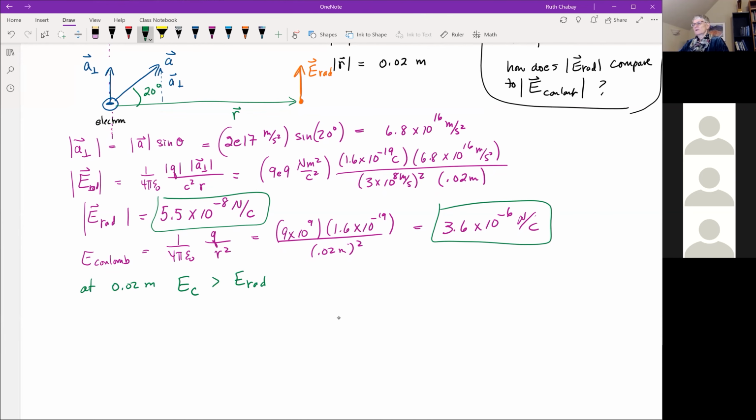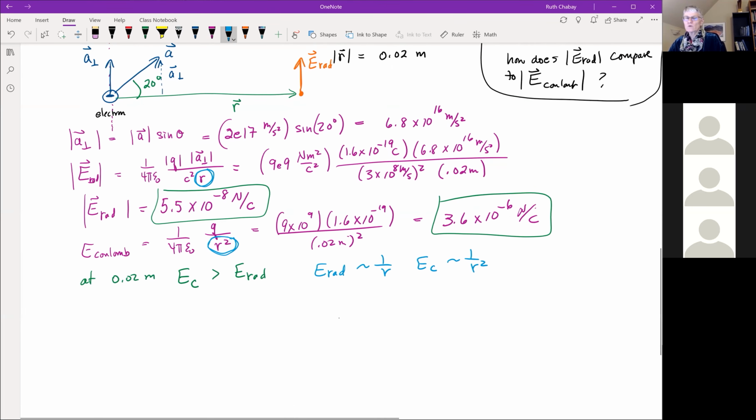But what's going to happen if we get farther away? Notice that the Coulomb electric field is falling off like 1 over r squared, but the radiative field is only falling off like 1 over r. So as we get farther away, the radiative electric field will absolutely be bigger.